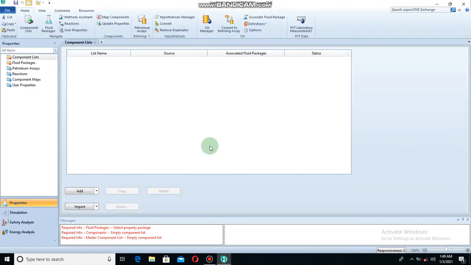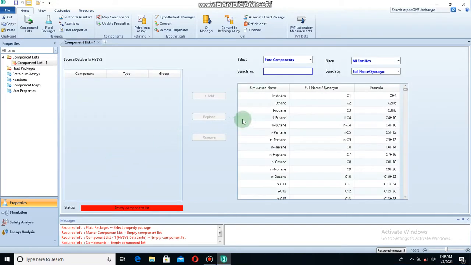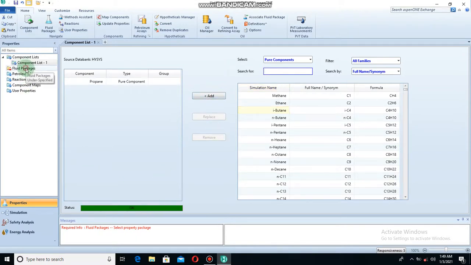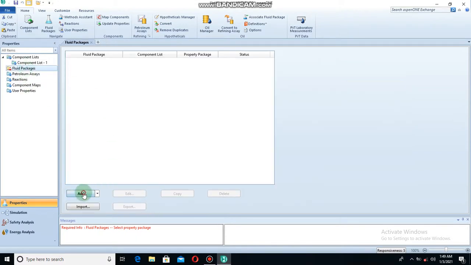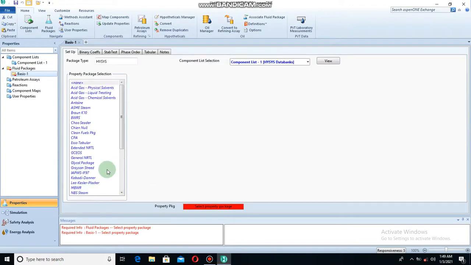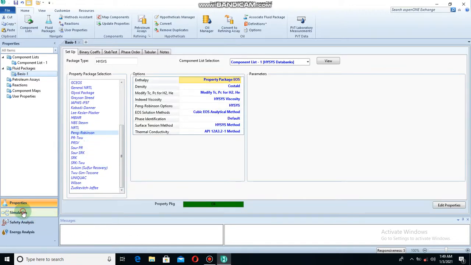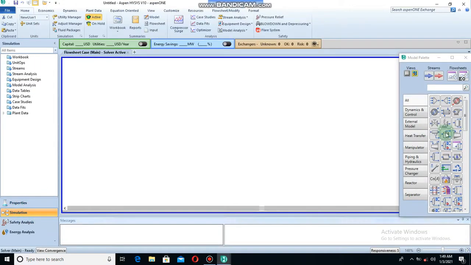Here we go. The question says a vapor phase propane. So we need propane, and we'll be using Peng-Robinson.